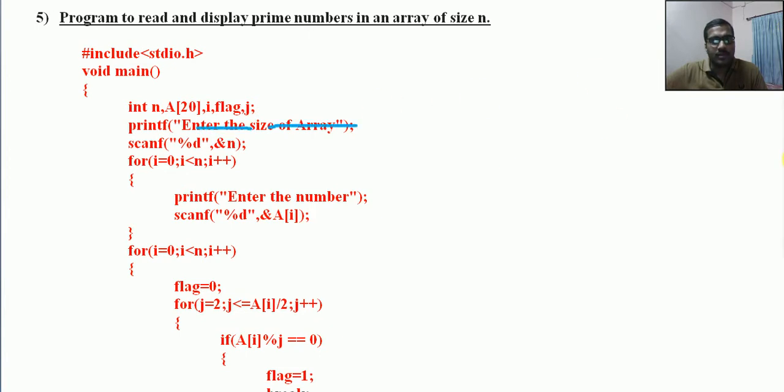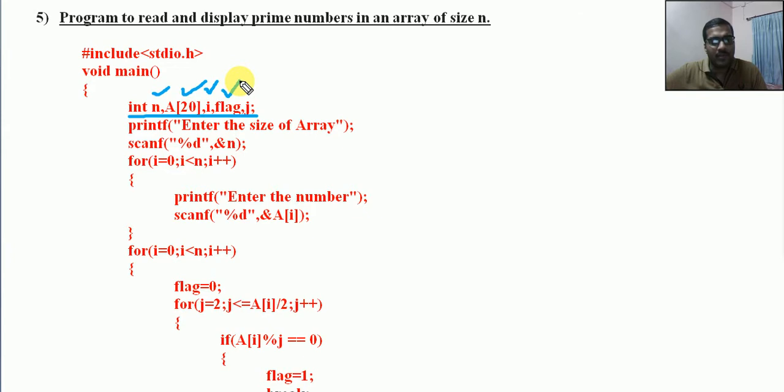we have the main, then see the first statement: size n, a of 20 is the array, i is the counter variable. Now we are setting a flag variable. If it is satisfying the condition, we set the flag variable to 0 or 1.